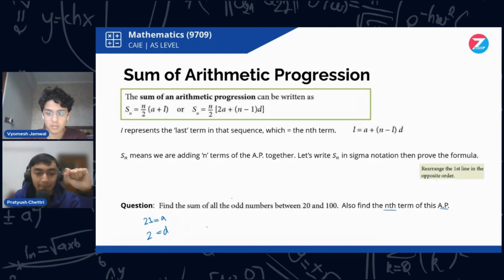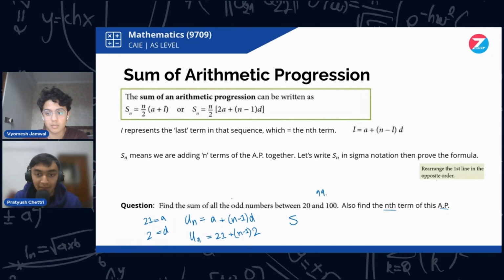And then now I can construct my nth term equation. Un is first term plus n minus 1 times the common difference, so Un is 21 plus n minus 1 times 2. So that's my nth term. And now I want to find the sum of this sequence up to what point? That's the question.